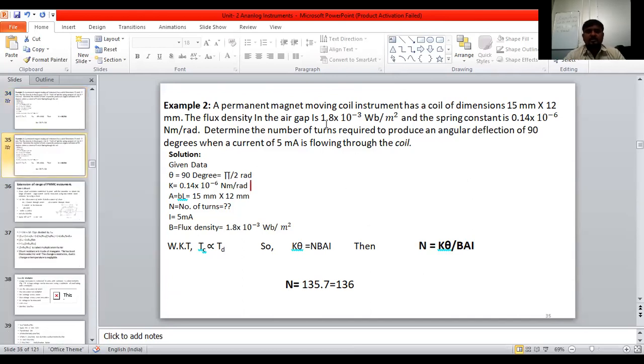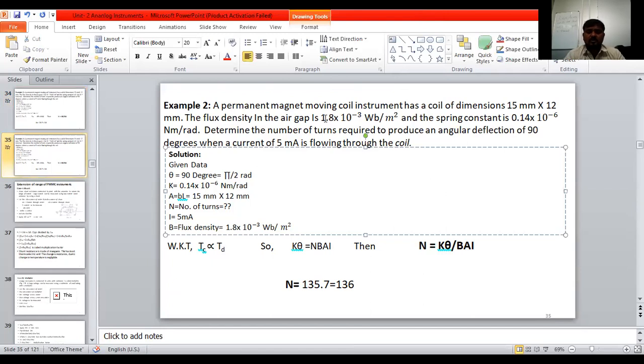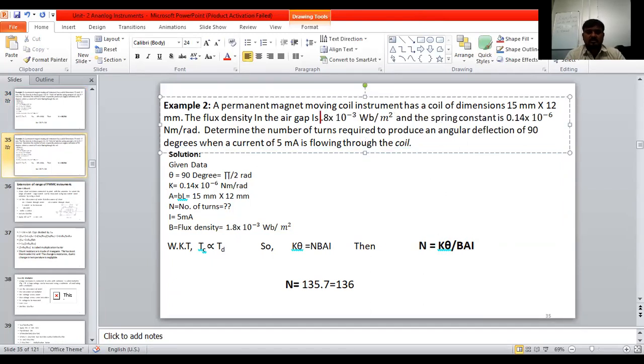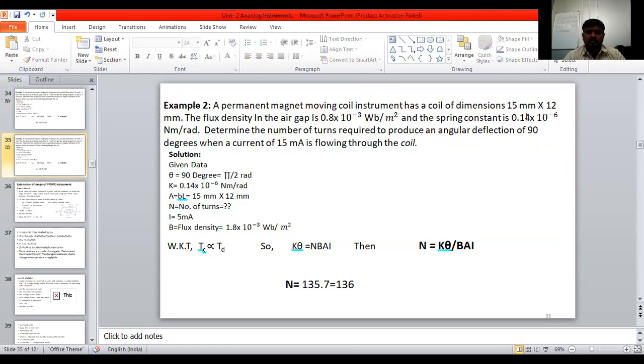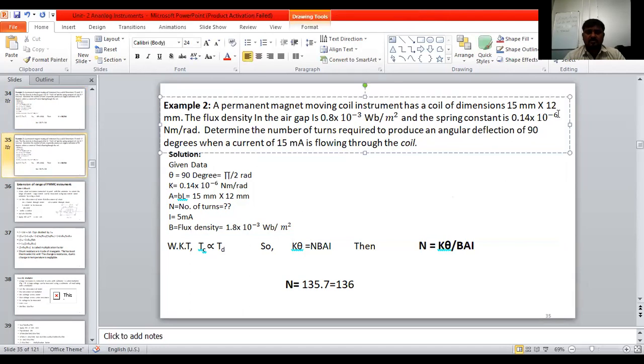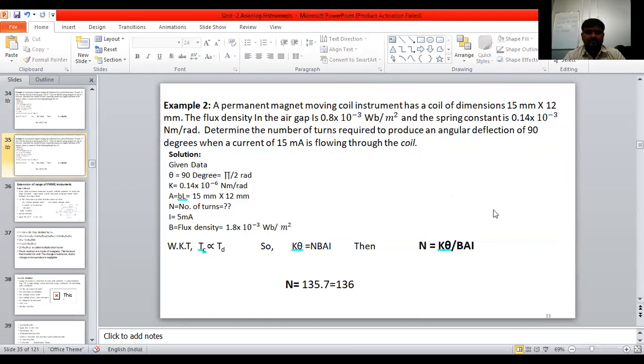Here, instead of 1.8, I'll change the flux density to 0.8, and the current, instead of 5 milliampere, I'll make 15 milliampere. And the flux, instead of 10 to the power of minus 6, I can give only 3. Solve it now. This is the last problem we can solve.